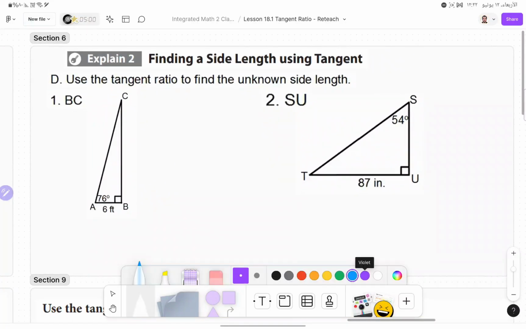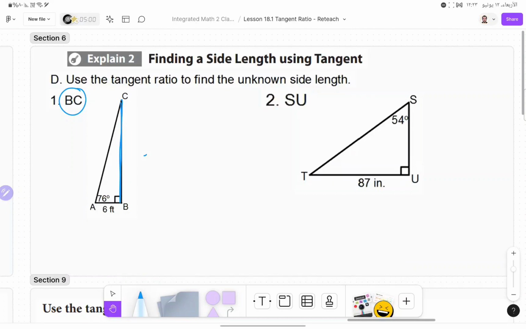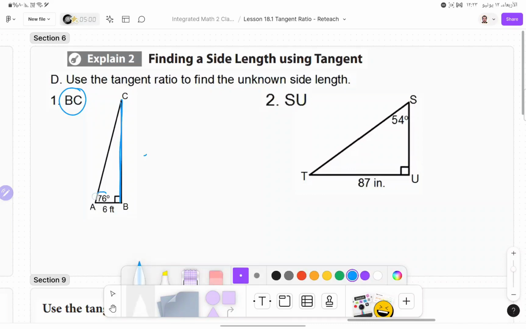Now when you need to find the missing side, the question is asking to find side BC. We have two types of equations. The first type is when the question asks to find a side, and the angle is given.